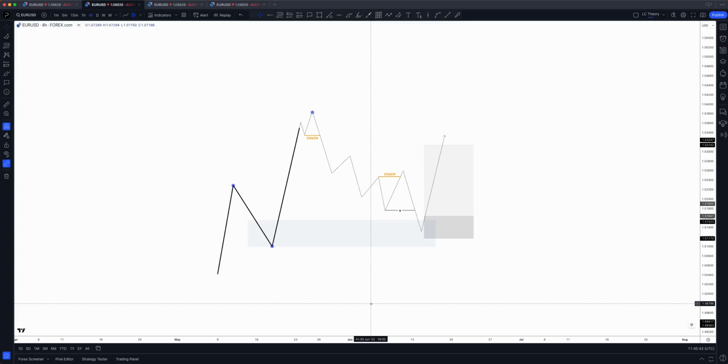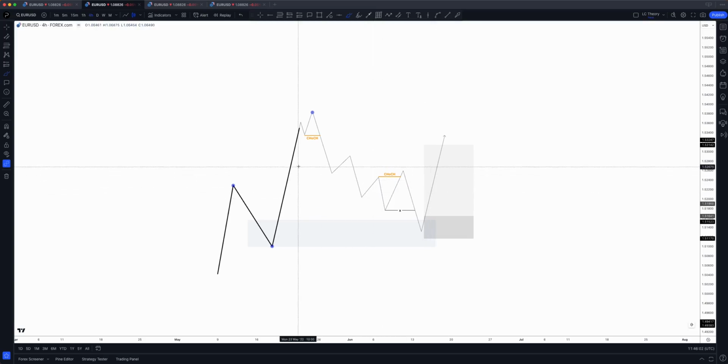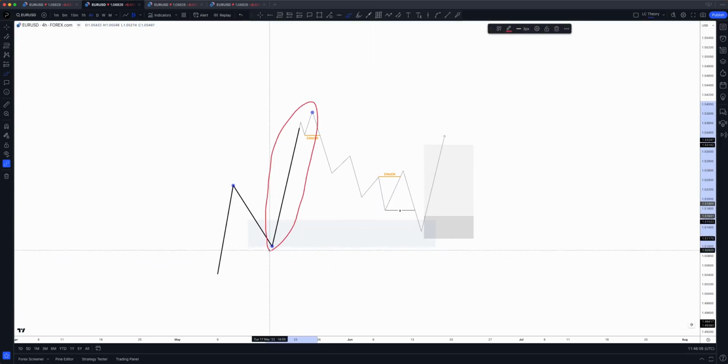As you have seen so far, with this entry model, the LC2A, we are very simply looking for a fake break liquidation to occur where we have a low that breaks the high. We look for that to get liquidated, and if it is with our POI mitigation, we take the entry. Okay, so we are not looking at any liquidity points as we saw in the previous lesson, right?